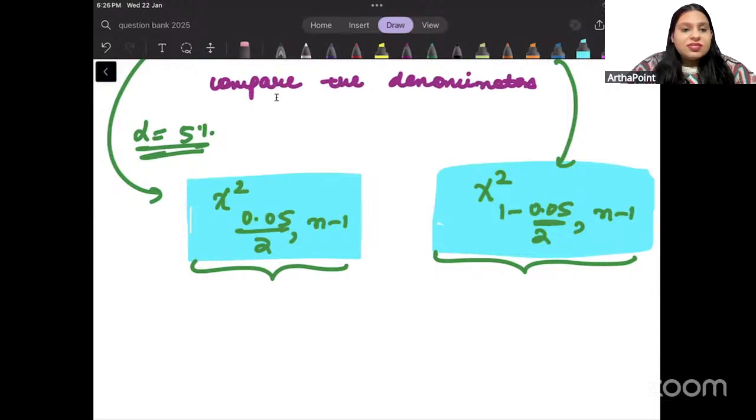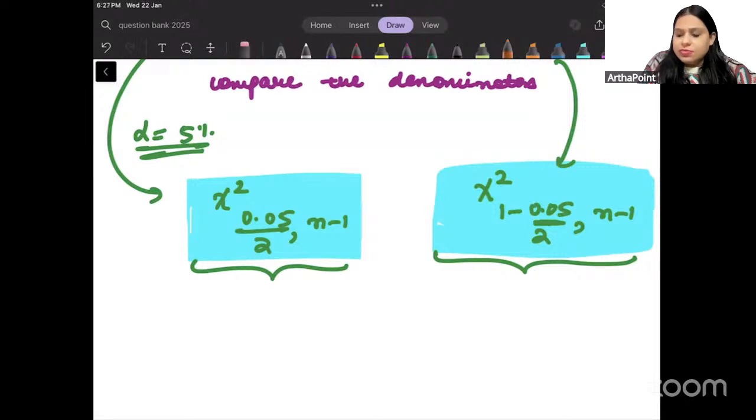Just Google chi-square table and find the value of these two.